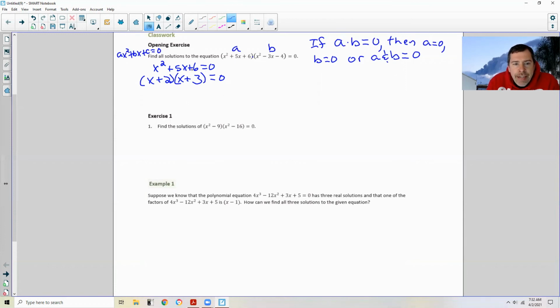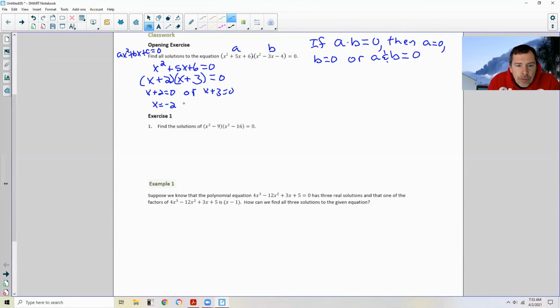So what we have again is another A times B equals 0. So either x plus 2 equals 0 or x plus 3 equals 0. It's kind of an AB inside of an AB, if you will. When I solve this, I subtract 2 over the other side and get x equals negative 2.